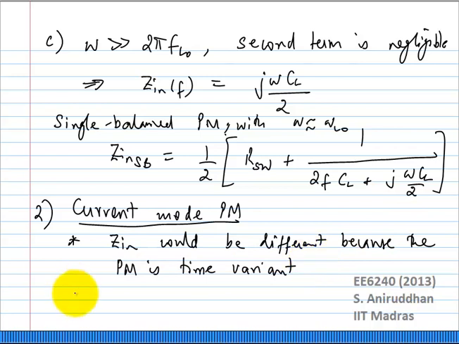We will again define Zn of F as Vn of F over In of F. Now we need to figure out what a current mode passive mixer will be driven by, what kind of impedance will be placed on the other side, and then decide what the input impedance could be.